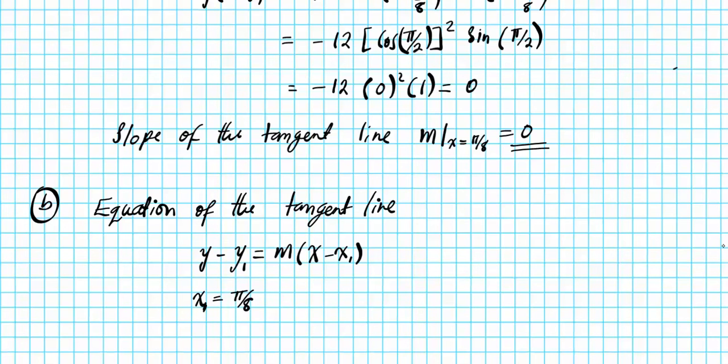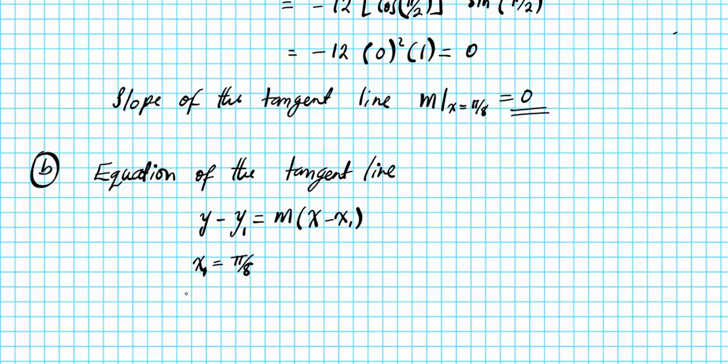But what is y1? y1 is simply y evaluated at x1. So all we are doing here is taking the y function. Let's rewrite it on the side right here. The y function was cosine 4x raised to the third power. We're going to just plug in pi over 8 for x in this equation.